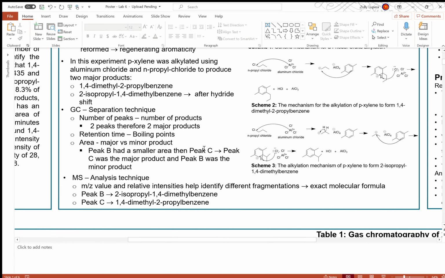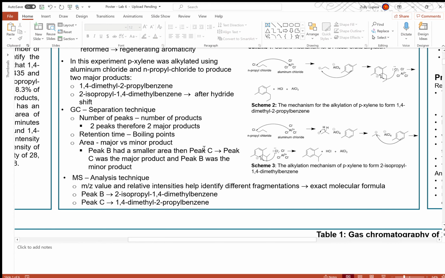The area underneath each peak allows us to determine which product was produced more. Therefore, we can determine which was the major and which was the minor product. In this example, peak B had a smaller area than peak C, and therefore peak C was the major product and peak B was the minor product.